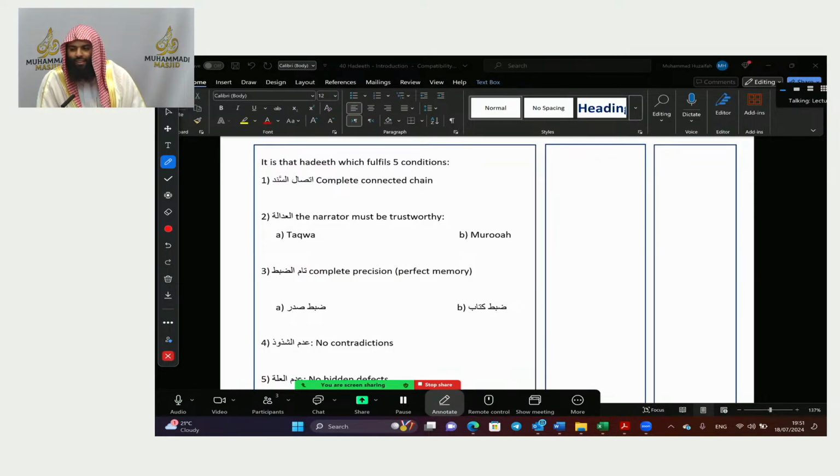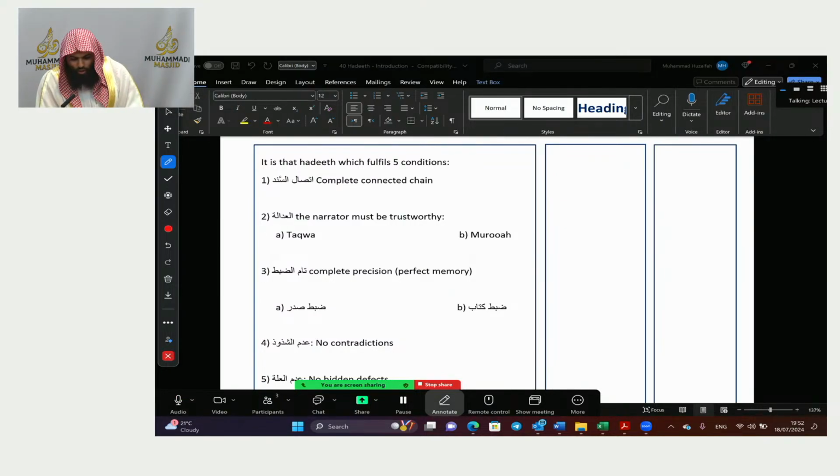It's a scholar of hadith, a specialist in hadith, who will look at each narrator individually, see exactly what type of mistakes they are and how many hadith he has narrated, and work out from there whether that is considered perfect memory, or good memory, or weak memory, and so on. So there's no particular number.